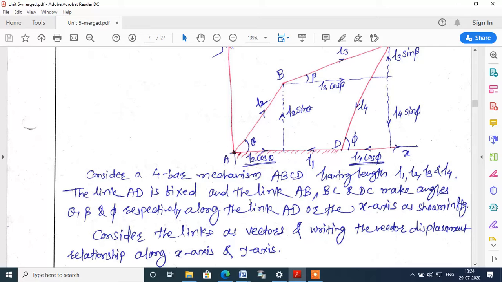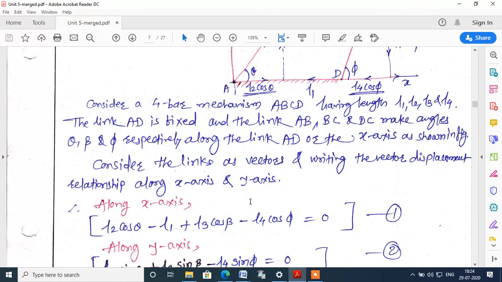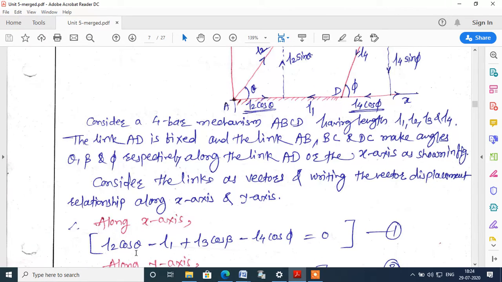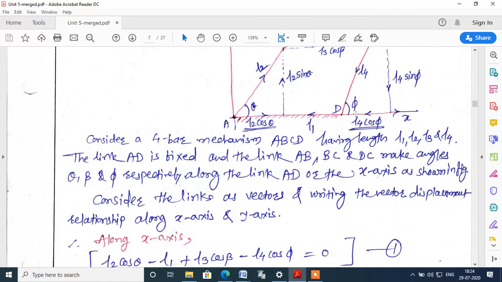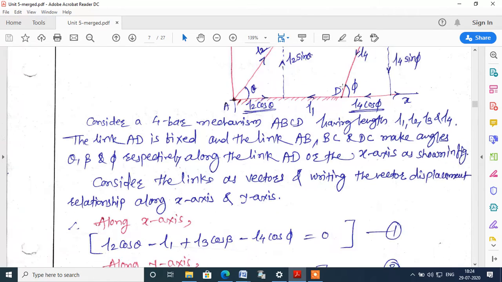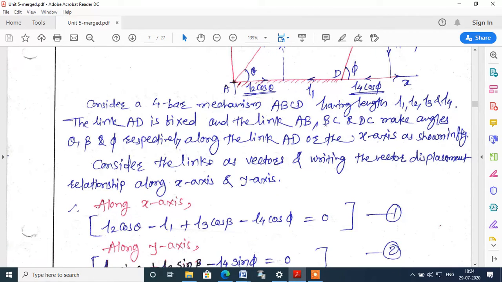Now consider the links as vectors and we write the vector displacement relationship along the x and y axes. Along the x axis it becomes L2 cos theta minus L1 plus L3 cos beta minus L4 cos phi equal to 0.